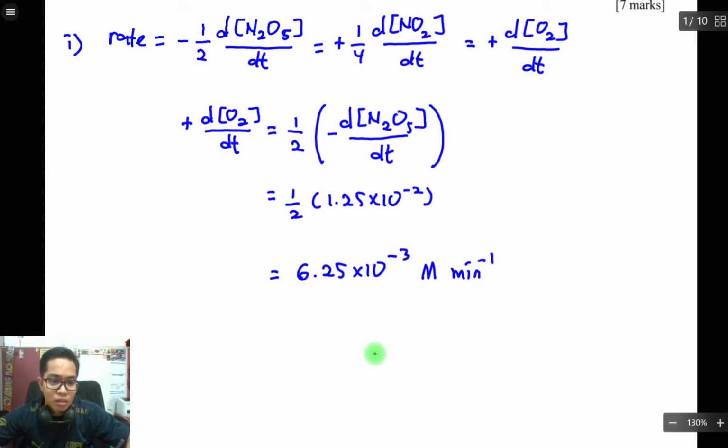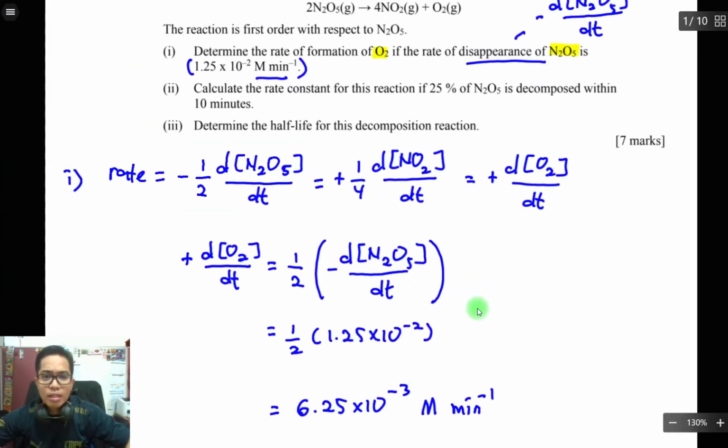Okay, next look at question 2. Calculate the rate constant for this reaction if 25% of N2O5 decomposes within 10 minutes. So 25% of N2O5 is already converted into product.